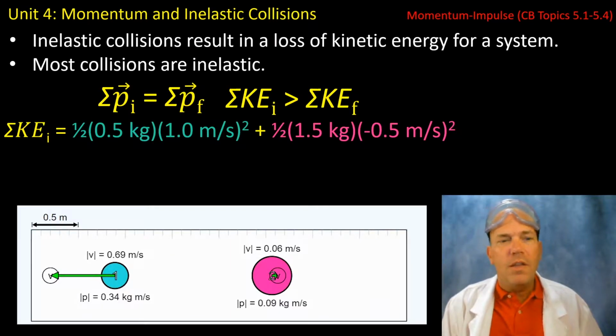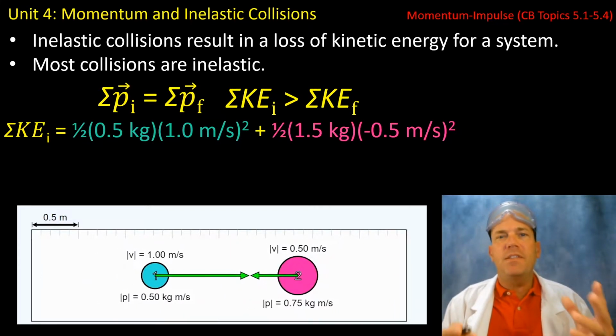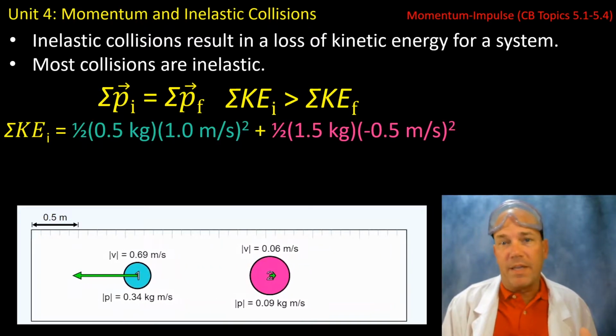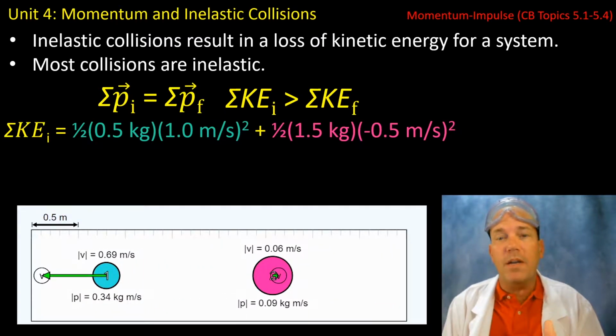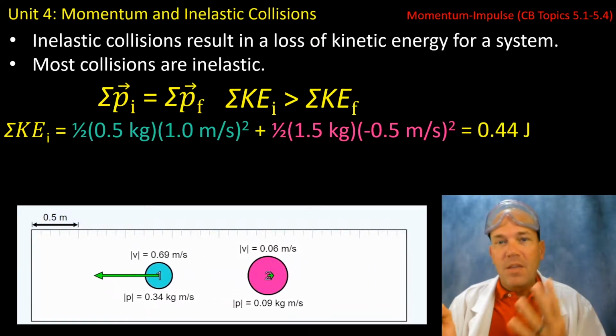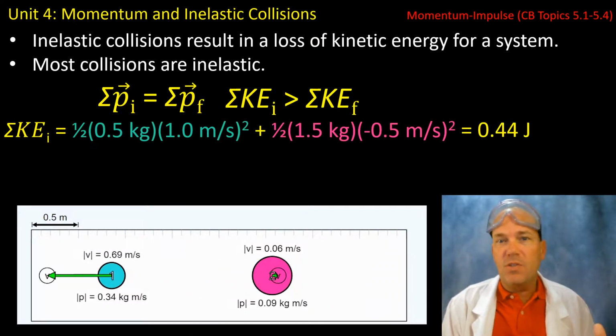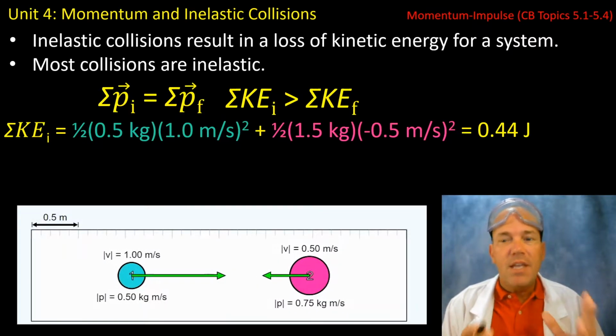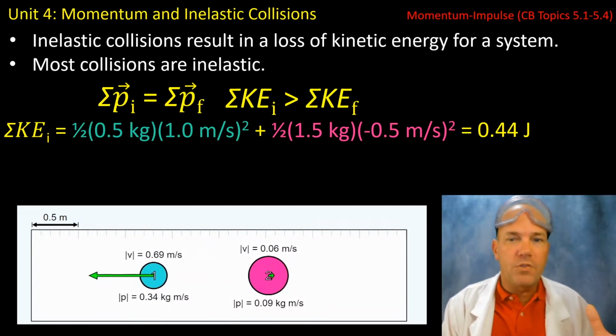However, recall that kinetic energy will give us a positive value anyways because we're going to square the negative 0.5 meters per second. We end up getting an initial kinetic energy for this two-object system of 0.44 joules.